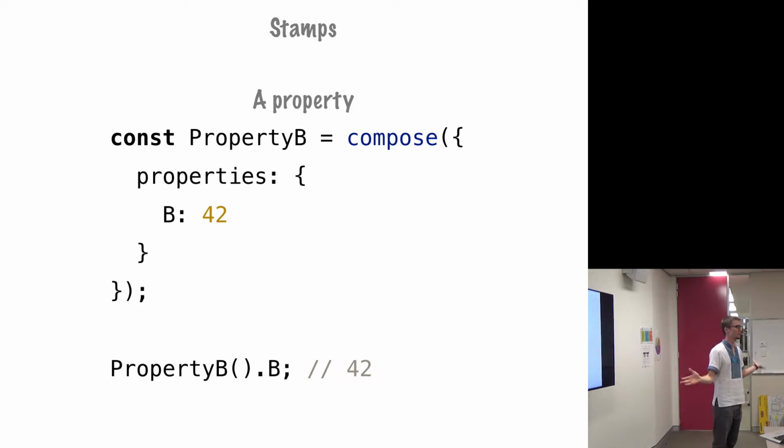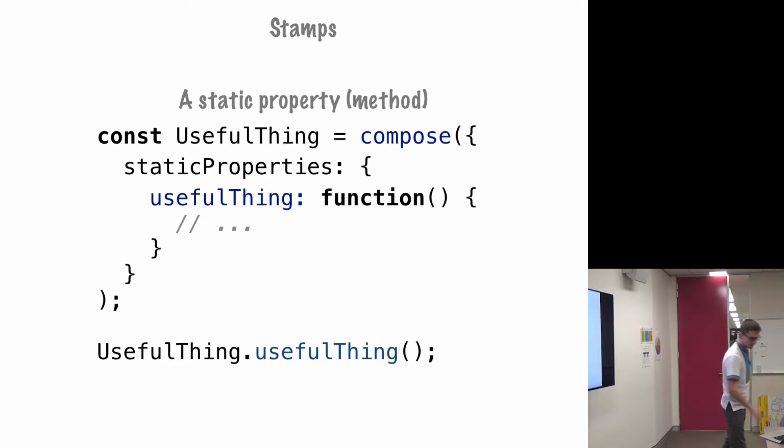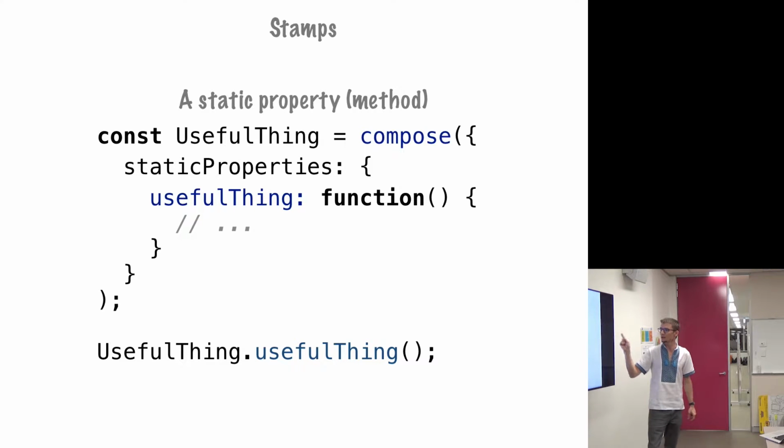Clear so far? All right, more complicated. The useful thing you asked about. I'm using the same compose function, and I'm saying that there will be a static property on a stamp itself, and its name will be usefulThing, lowercase. So down below, I'm not creating any objects.